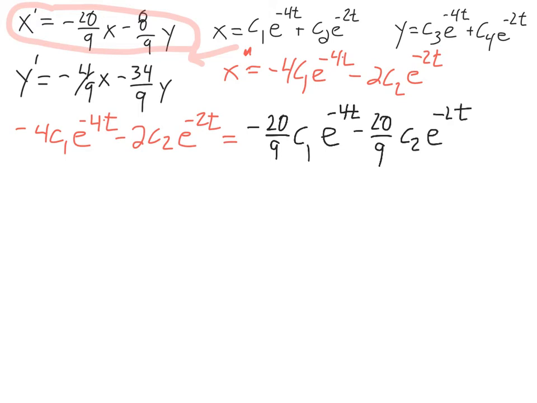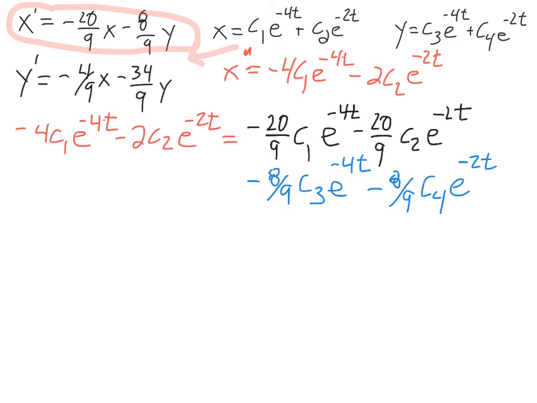And then we're going to add to that the y stuff, which would be minus 8/9 times y, which was C3 e to the minus 4t, and then another minus 8/9 C4 e to the minus 2t. And then we can group up our terms and find the dependencies.